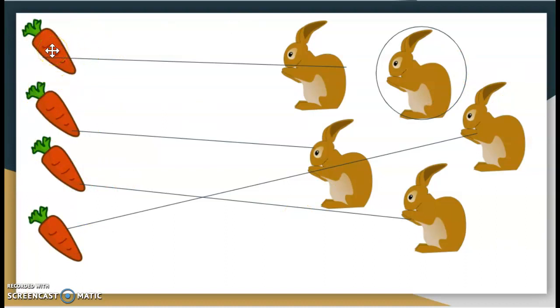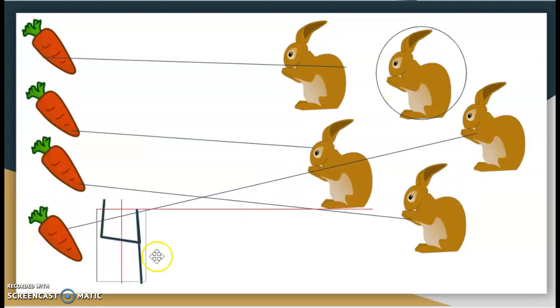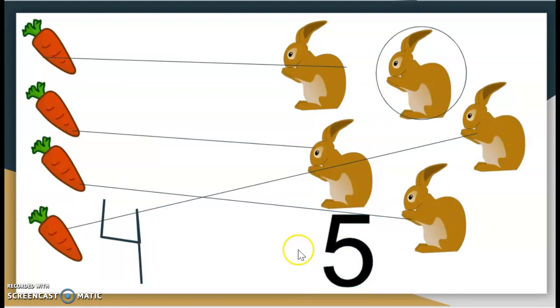Let's count our carrots. We have 1, 2, 3, 4 carrots. And we have 1, 2, 3, 4, 5 bunnies. So I could say that 4 is less than 5, and 5 is greater than, or a bigger number than, 4.